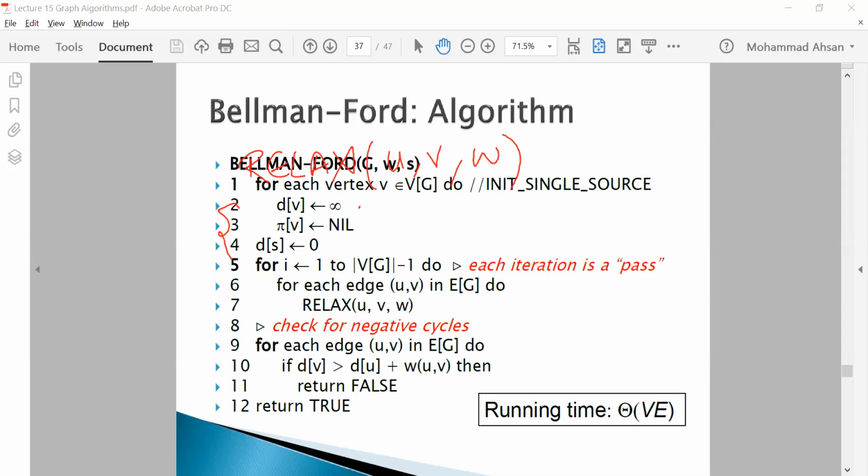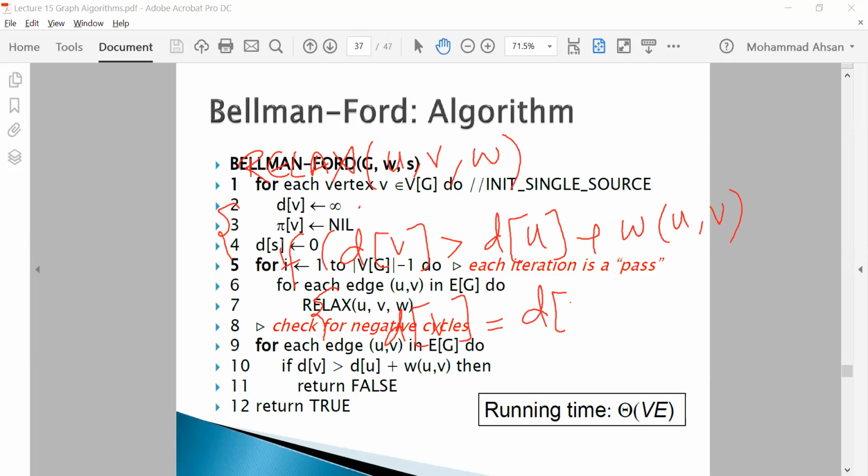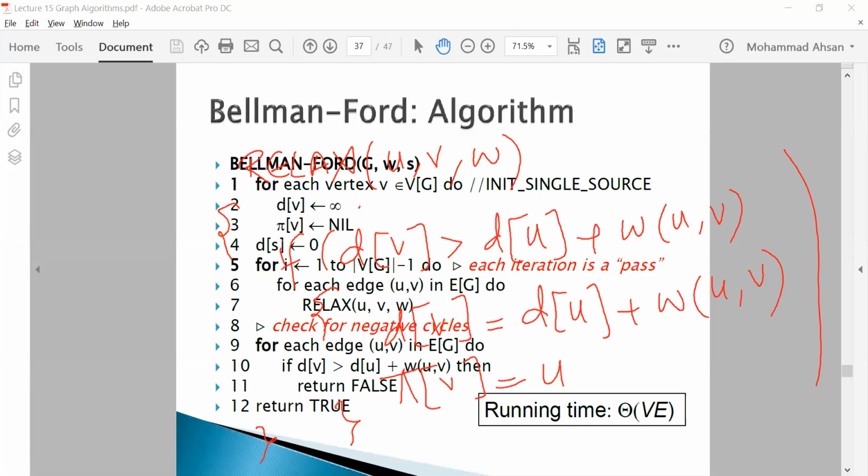If dv is greater than du plus weight of uv, then dv is equal to du plus weight of uv, and parent of v is equal to u. Else nothing happens. When you're relaxing and you find a smaller distance, then your parent also gets updated. So this is your relax function.